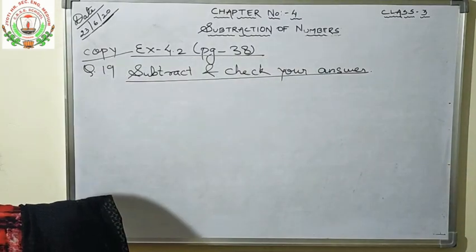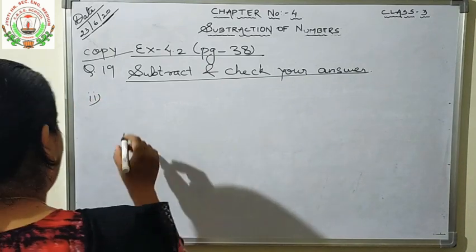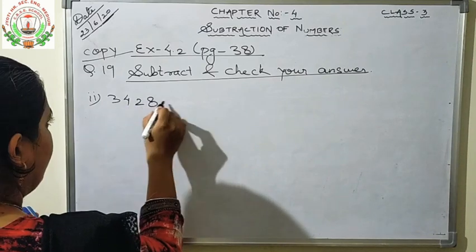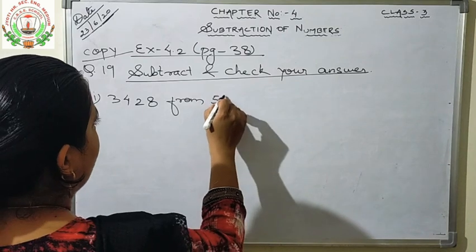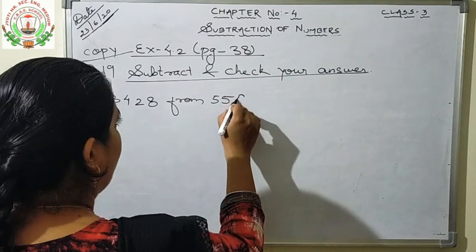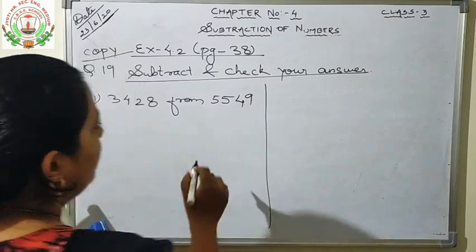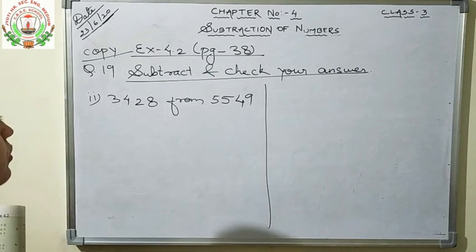Now, question number 2 is 3428 from 5549. In this question you have to find the difference and then you have to check the answer.